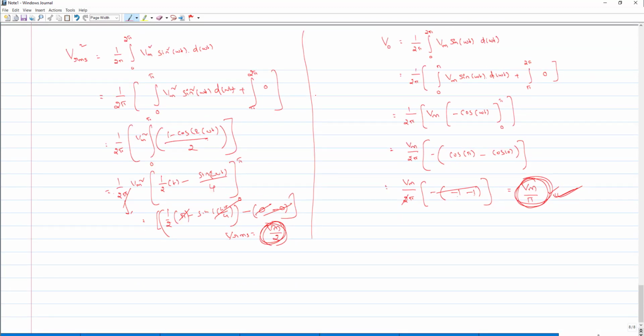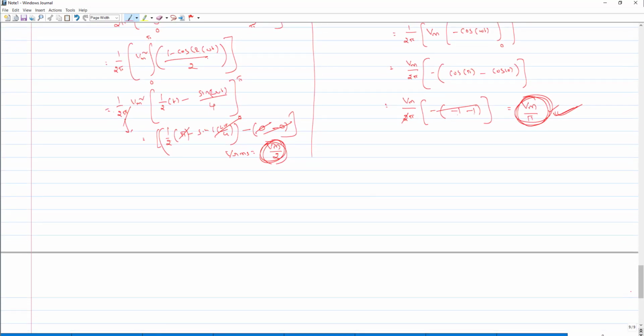Here we need to understand something related to the RMS value and average value. As a summary, the average value of voltage is equal to Vm by pi, and the RMS value is Vm by 2.